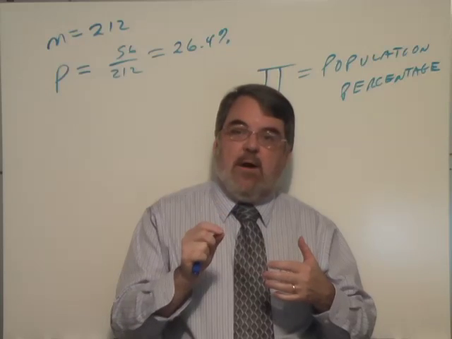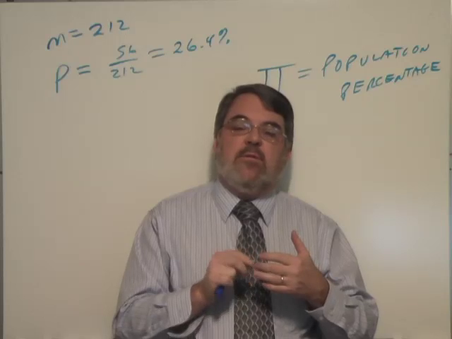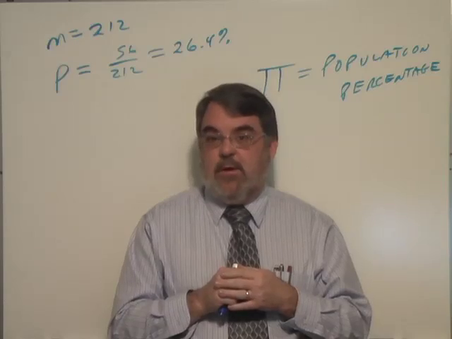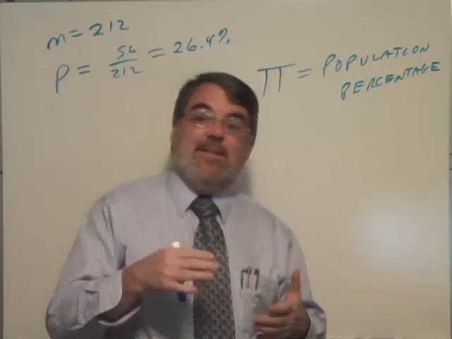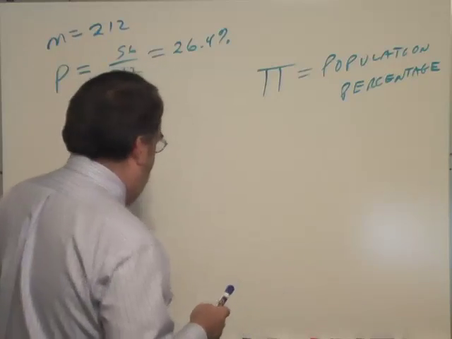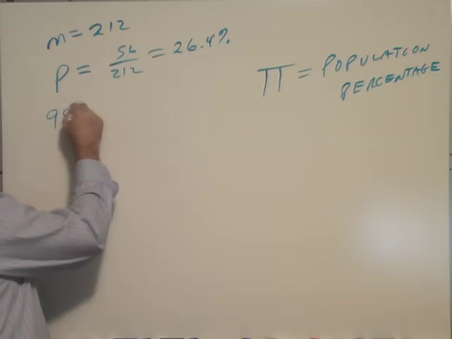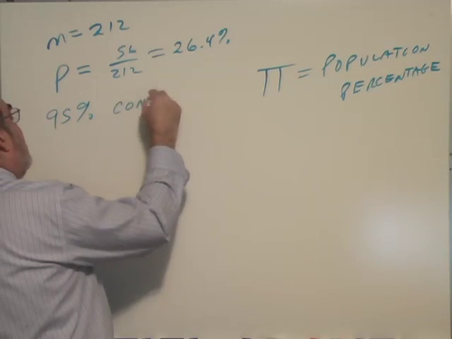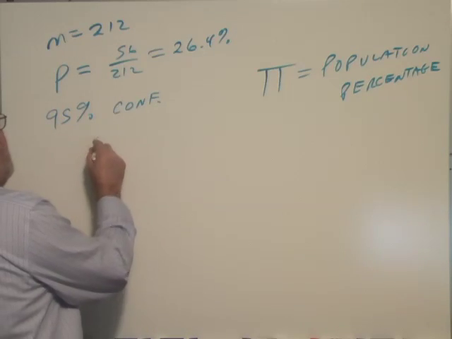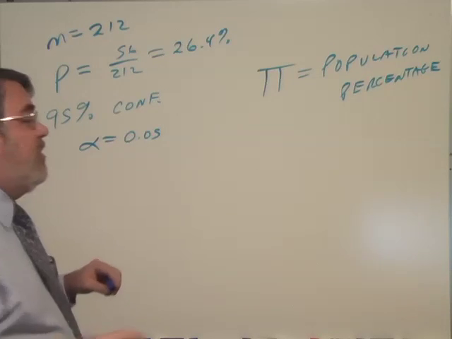For percentage problems, we use the standard normal z-distribution on page 649. So I need z-scores, not t-scores. Something else for you to keep track of. Okay. Now, I have 95% confidence. 95% confidence is the level that we're shooting for in our estimation. That means alpha is 0.05.